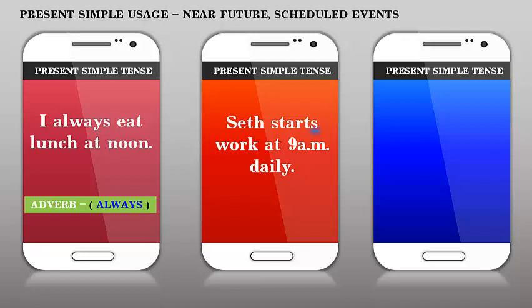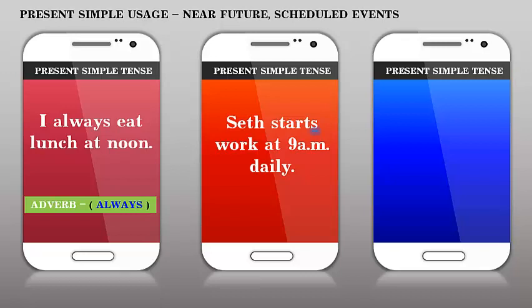Can you figure out why? Well, remember that when the subject of the sentence is he, she, or it, we need to add an s or es to the end of the verb. In the present simple tense, Sid is a he, so we need to add an s.